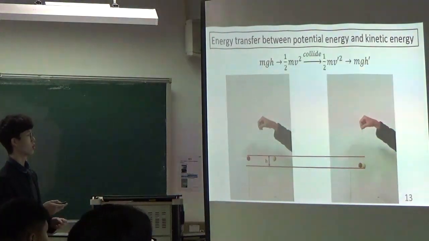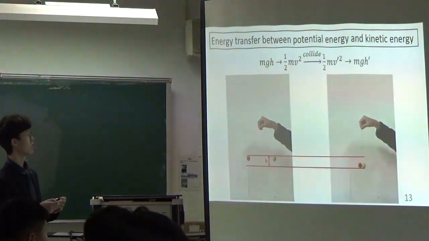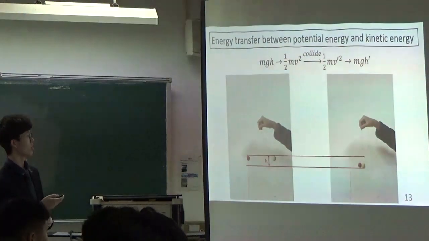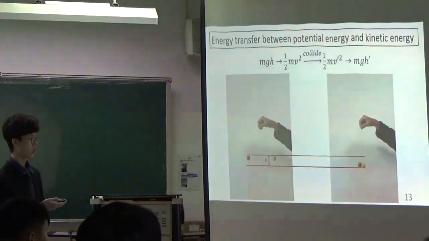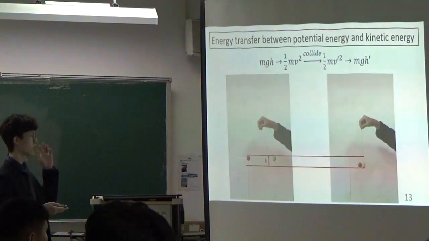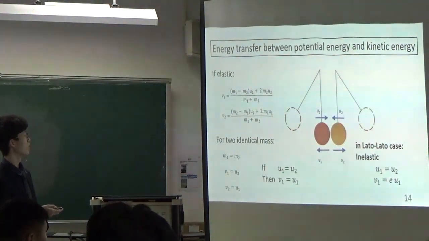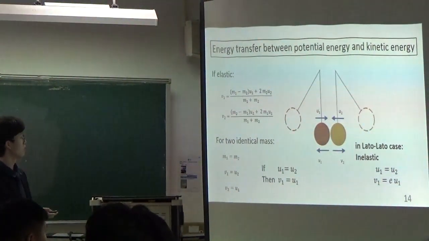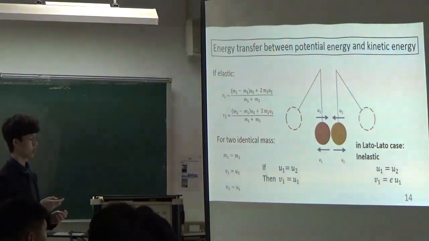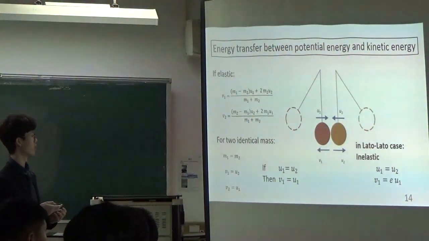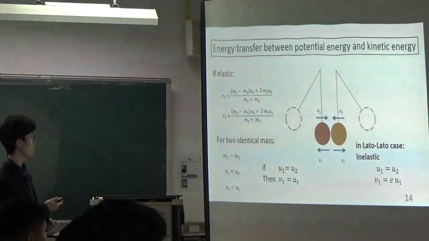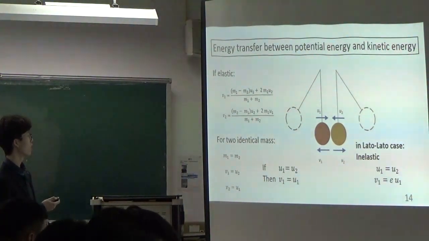When the two balls collide with each other, the two kinds of energy will transfer. And about energy transfer, if this condition is elastic, you can see the formula of the elasticity.